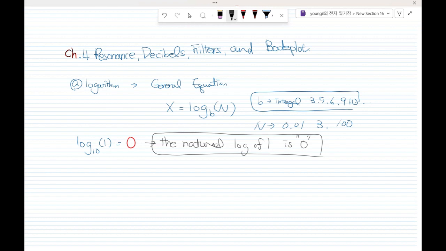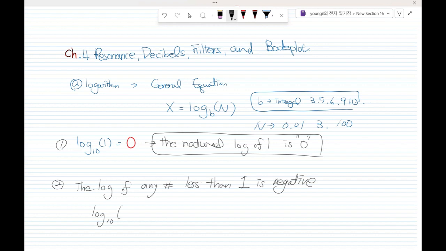And also, the log of any number less than 1 is negative, okay? Negative.